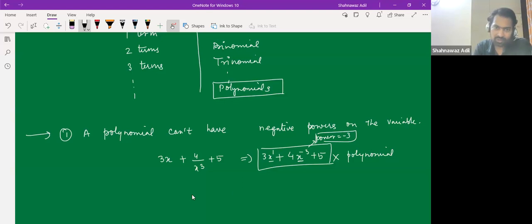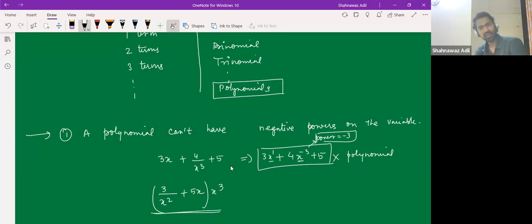So if I ask you, is this a polynomial? No, sir. Okay, are you sure? Whenever we have this kind of scenario, is this a simplified term? No, sir. So first we have to simplify.